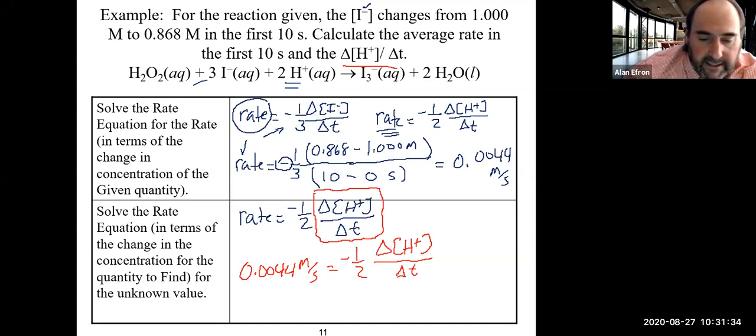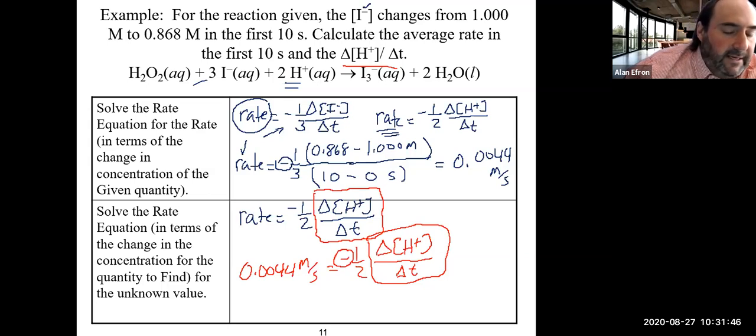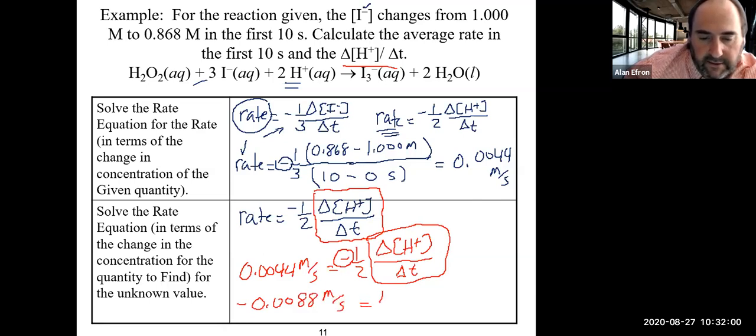Again, we're isolating this guy, which means we need to multiply the 2 to the other side, but not just the 2 in this case, also the negative that is there. So we need to multiply negative 2 to the other side. That is going to get us for H plus minus 0.0088 molar per second, which would equal the change in the concentration of H plus over the change in time.